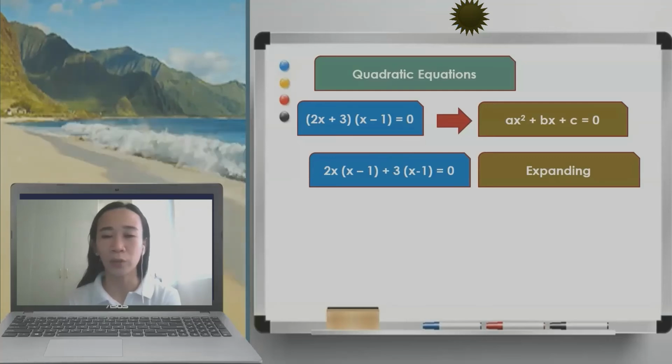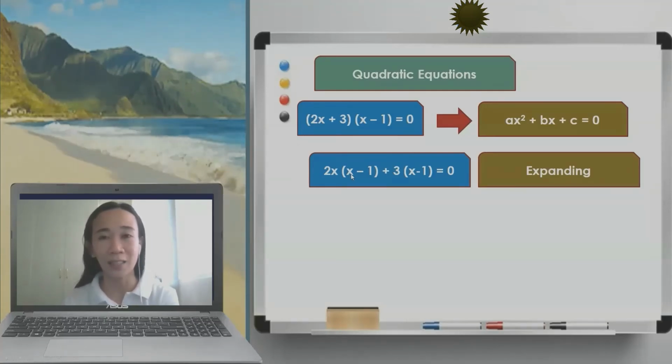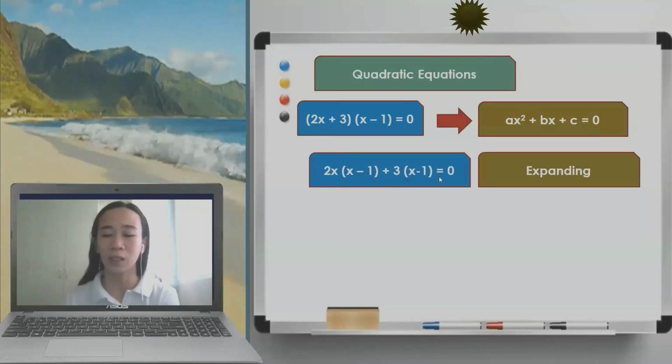Next, we distribute: 2x times x is 2x squared, 2x times negative 1 is negative 2x, plus 3 times x is 3x. Then 3 times negative 1 is negative 3, equals 0.